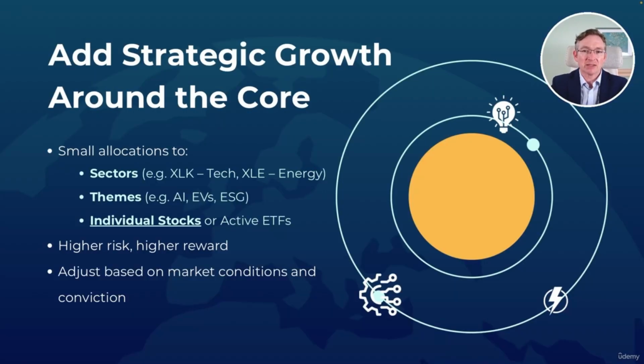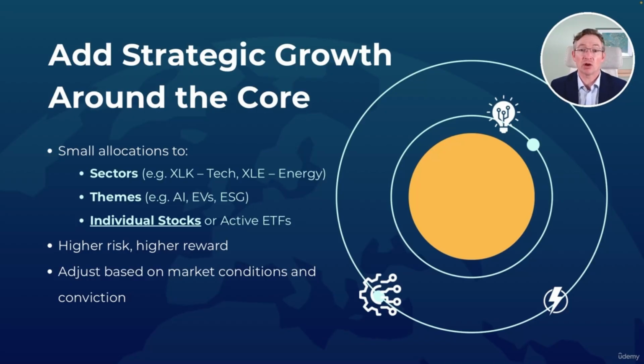What about the satellites? Now, these satellites are your strategic growth plays, right? Smaller positions that you add around your core to reflect your market views, your convictions, or maybe current themes. Now, satellite allocations, they're typically around 10 to 30% of your total portfolio. Some examples of what you can include, like sector ETFs like XLK for tech, or XLE for energy.